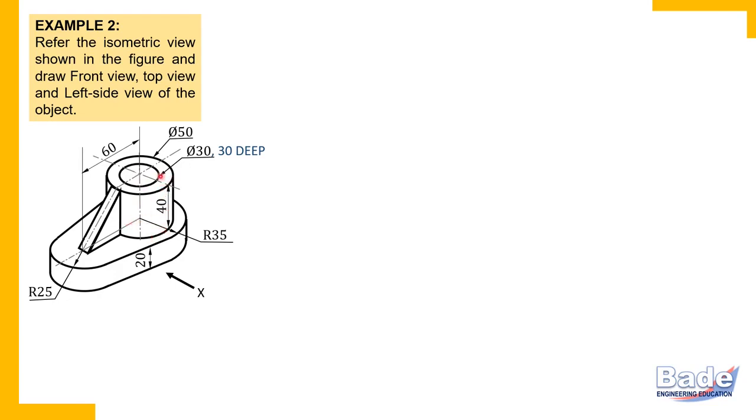So in the 40 millimeter high cylinder, this hole is drilled up to 30 millimeters only. If a hole has a certain depth, it is always mentioned in this manner. But in this problem, nothing is mentioned about the depth of the hole. So we should assume that the hole is a through hole.